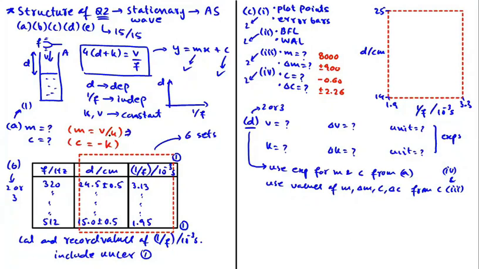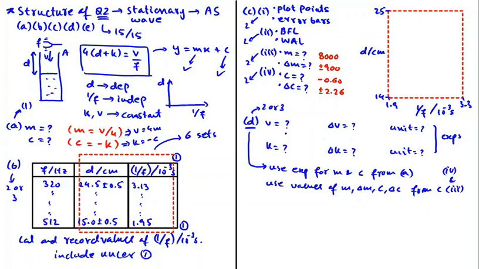So this equation gives us this expression for constant V, and this equation gives us this expression for constant K. So K is equal to minus C. We use these expressions for constants, and these values of m, delta m, c, and delta c that we determined in C part 3 and 4 to determine the values of constants V and K and their uncertainties.